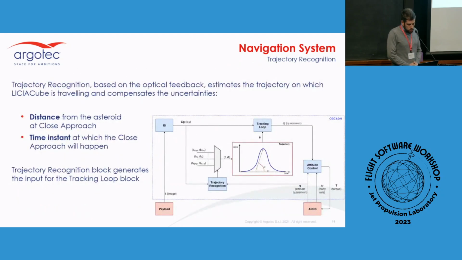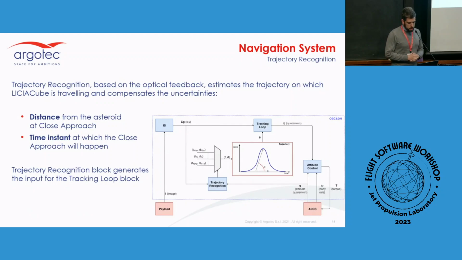The next block is the trajectory recognition block. So this one is in charge of detecting the actual trajectory of the satellite. It would have been much easier if we had perfectly known which trajectory the satellite was on, because at that point it would only be required to tell the satellite, okay, this is the trajectory, follow it, like in a preloaded way.